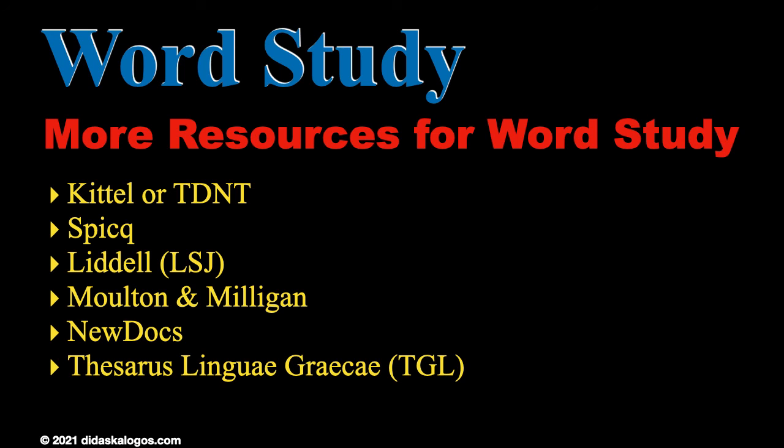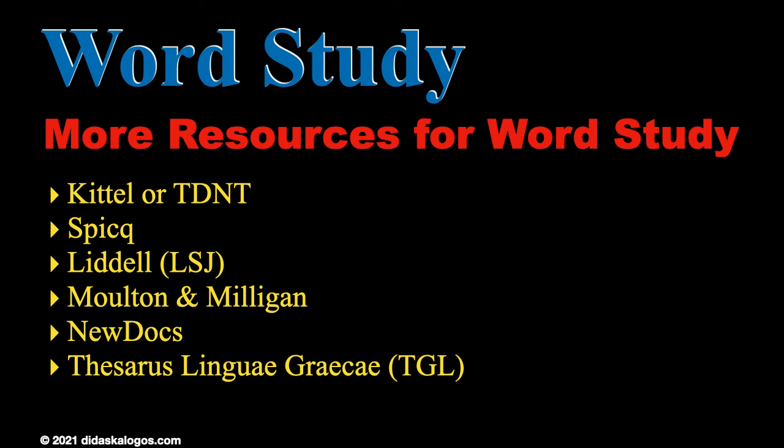There's Liddell, Scott, and Jones, Liddell and Scott, an intermediate lexicon. Very helpful if you're doing anything with the Septuagint, because it does cover most Hellenistic and also older Greek word terms.